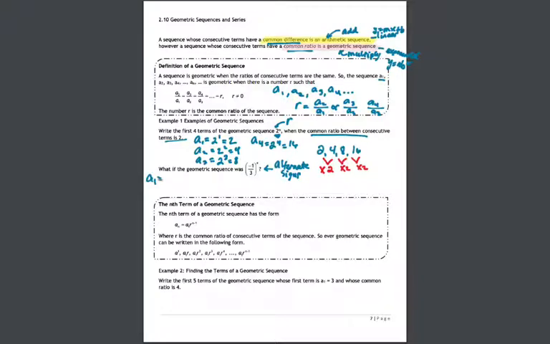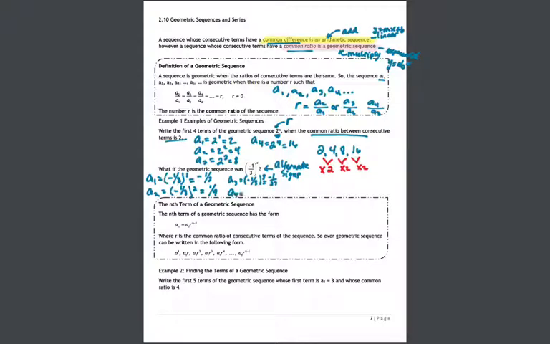To get the first term, you're going to do a negative 1/3 raised to the first power. When you raise a negative value to an odd power, it will stay negative. Whereas when you raise a negative number to an even power, it's going to become positive. So negative 1/3 times a negative 1/3 is 1/9. When I do a3, I'll do a negative 1/3 to the third power, which is a negative 1/27.